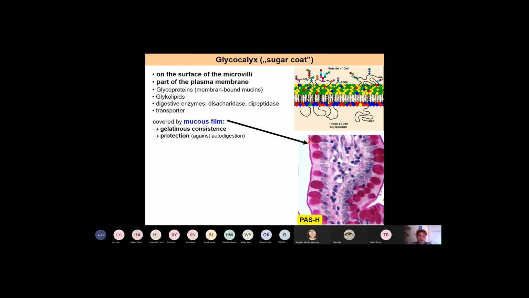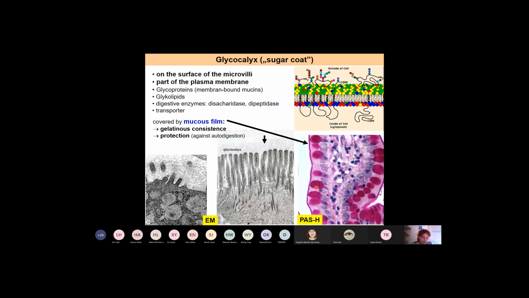This mucous film is produced partly by the goblet cells, but we also have molecules bound to the cell membrane which contain carbohydrate components, so lots of glycoproteins are bound to the cell membrane, or glycolipids, or lots of enzymes, and these molecules all together form the so-called glycocalyx or sugar coat, which is also PAS positive. So if you check these electron microscopic pictures, you can see that the microvilli are actually embedded in this mucous film, and this is what is now strongly PAS positive.